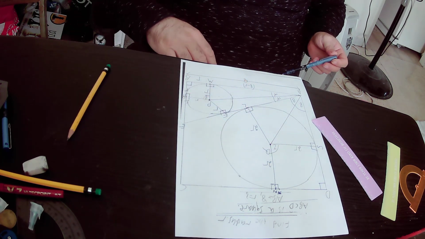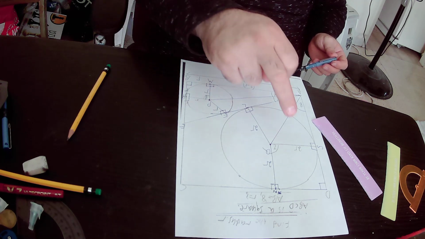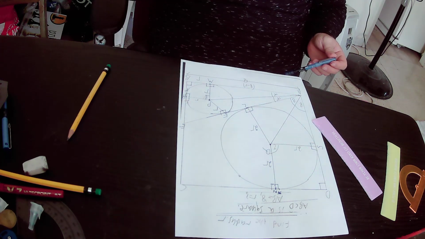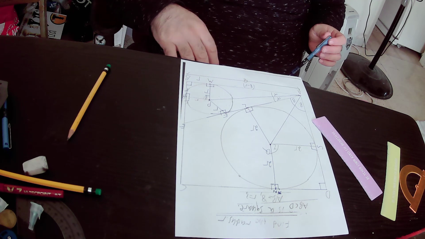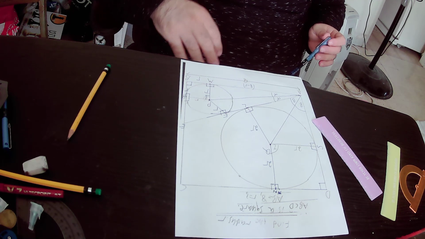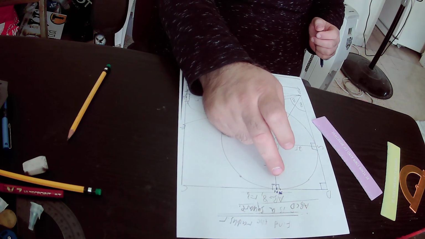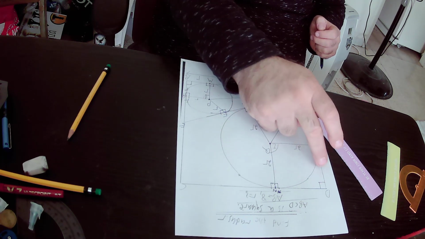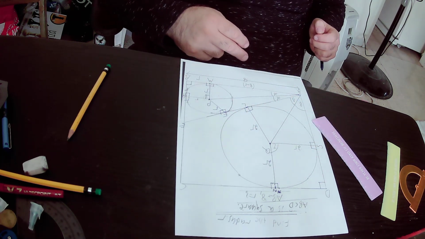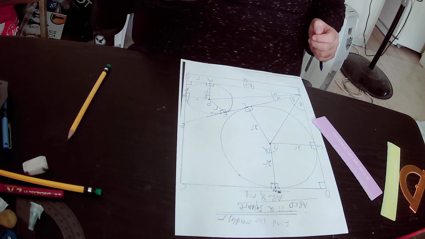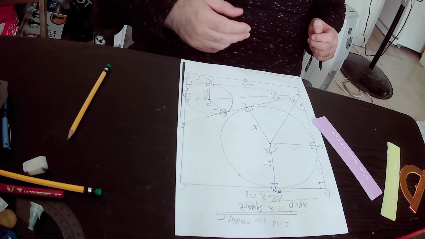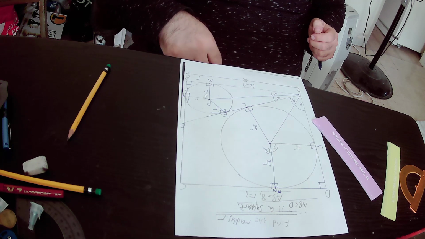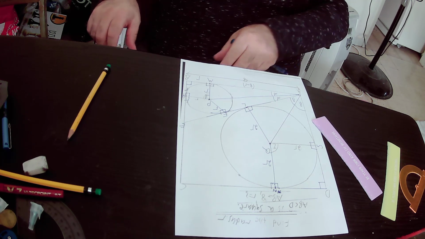So the sum of the angles in quadrilateral ADSQ must be equal to 360 degrees, but we already have three angles that are right angles. These three angles are right angles, so the sum of three right angles is 90 degrees times 3, which is 270 degrees.